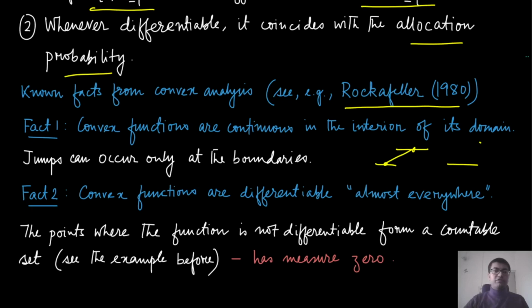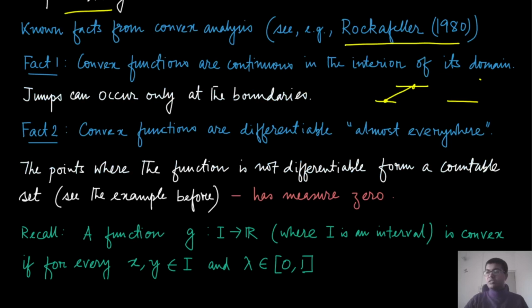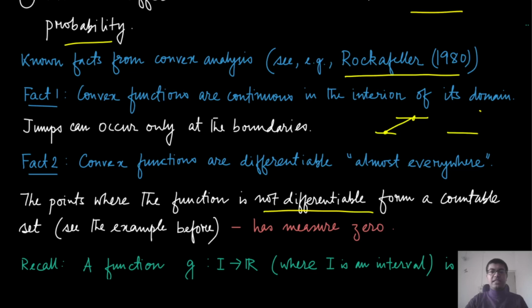The second fact of convex functions is that it is differentiable almost everywhere. So what does that mean? It says that if I collect together all the points where a convex function is not differentiable, they form a countable set. You can take a look at this in another standard text.